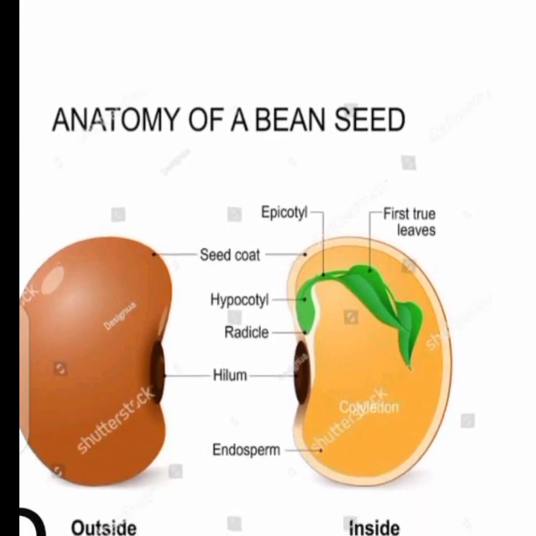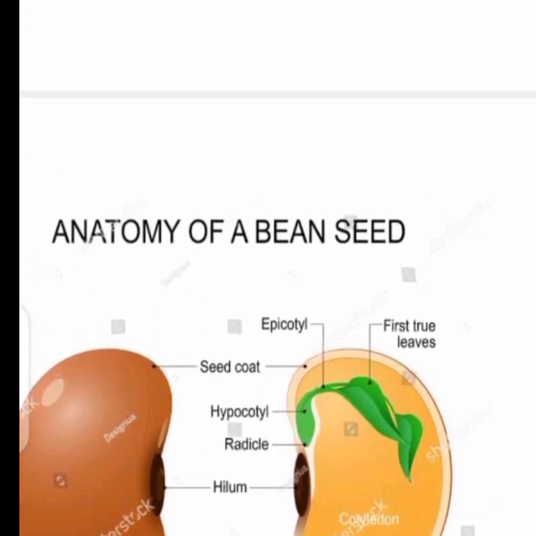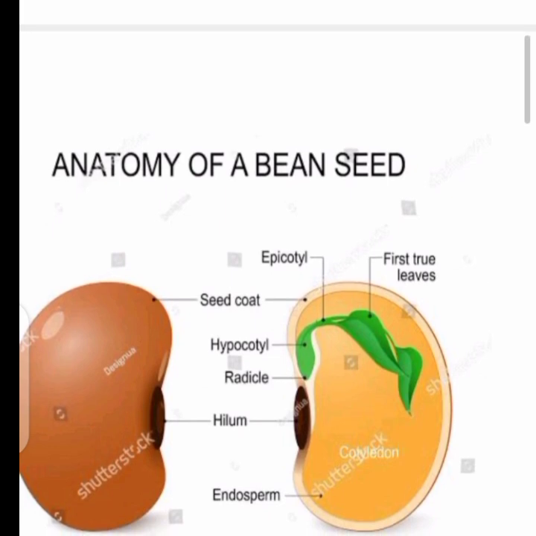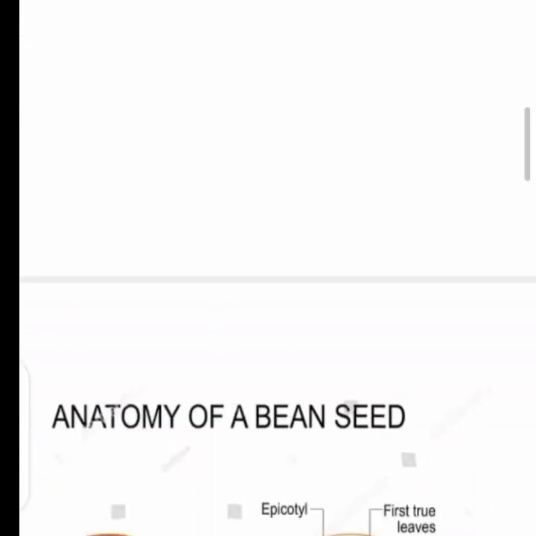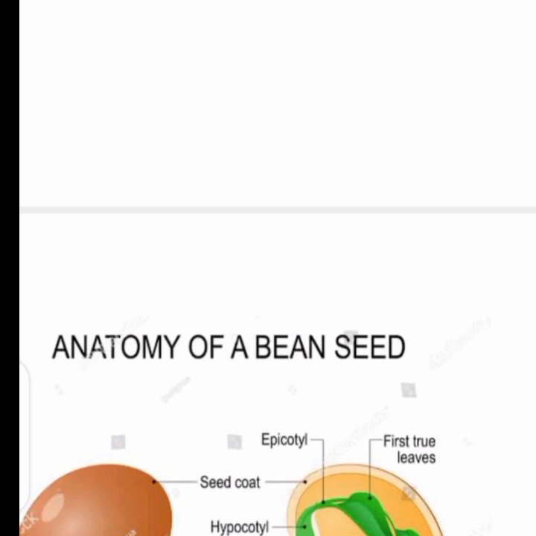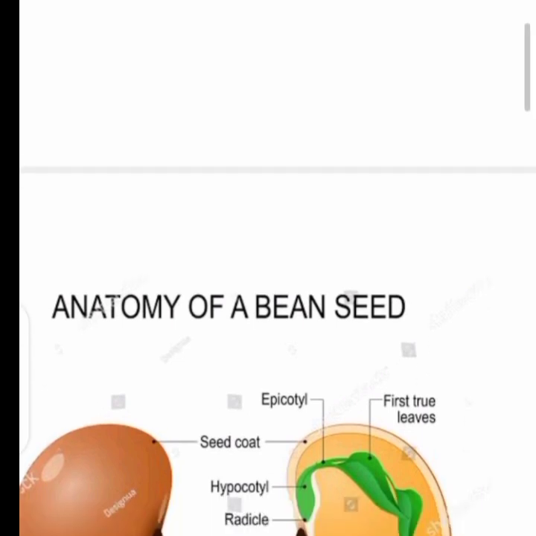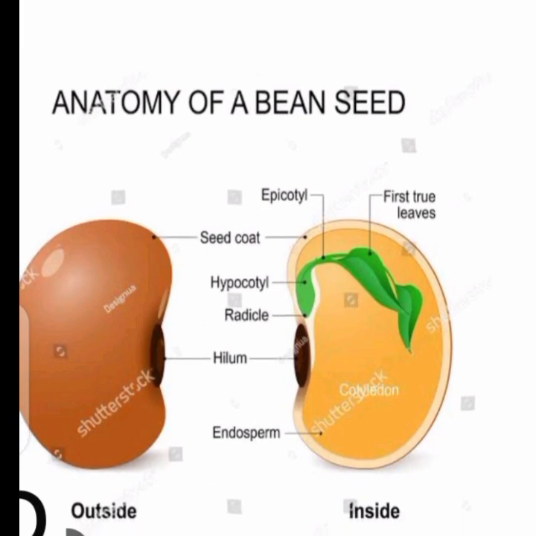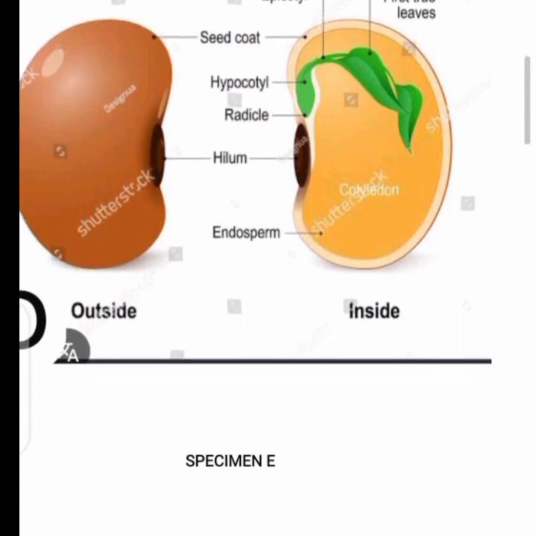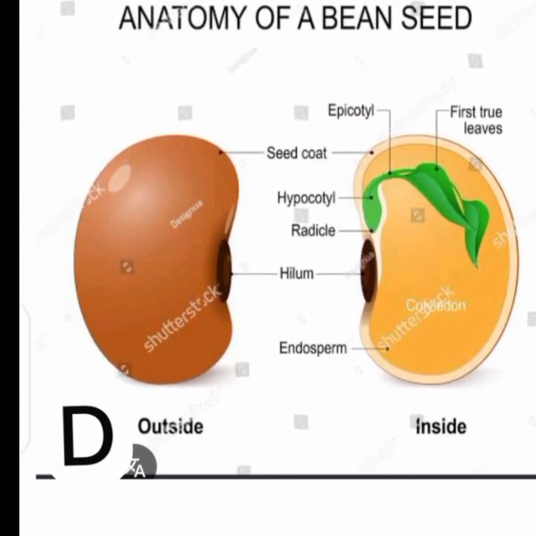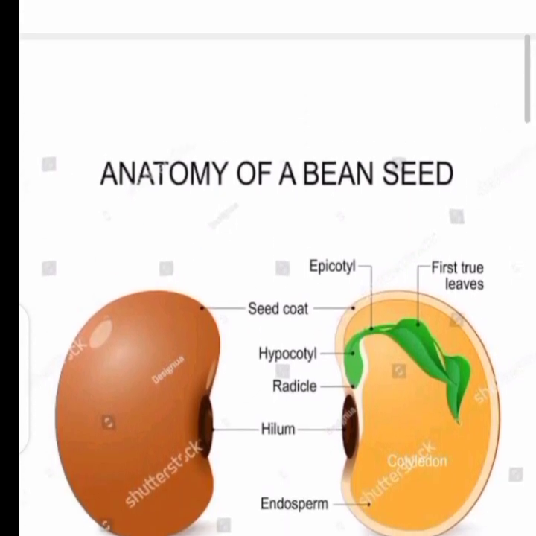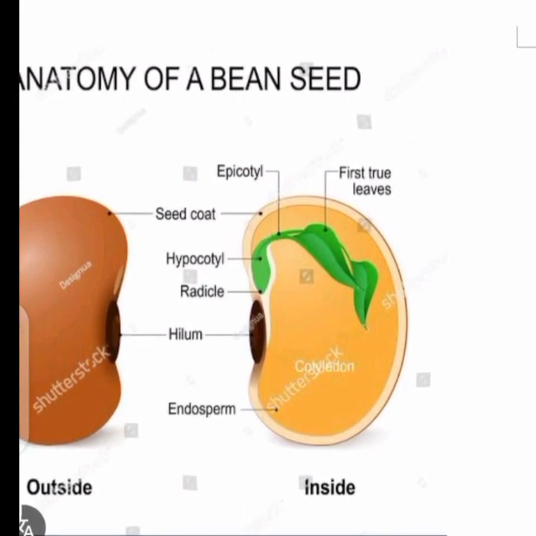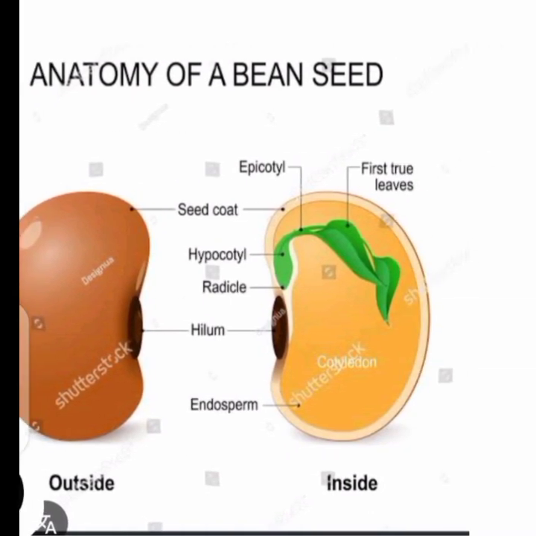Then the embryo, the immature plant within the seed, consisting of radicle, primary roots and plumule. We did not even see that in the picture here, but I'm just saying all this so you could capture it in case they might ask you about one of those things.